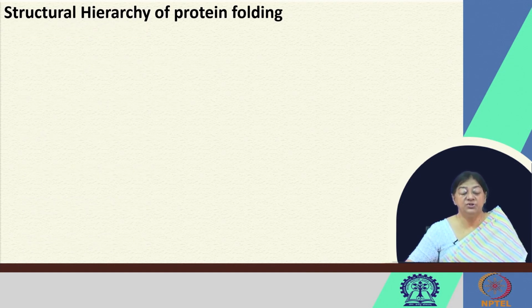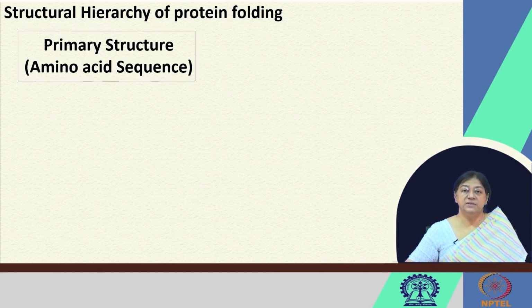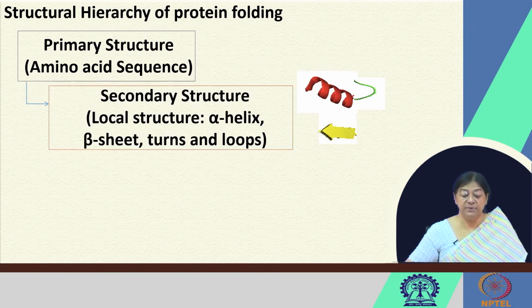If we look at the structural hierarchy of protein folding, which we had discussed in the previous module, we see that there is the primary structure that comprises the amino acid sequence, followed by the secondary structural elements where we have the alpha helix, the beta sheet, and also the turns and the loops that link the secondary structural elements together. We'll be looking in a bit more detail at these structural units, or what are called supersecondary structures or motifs and domains.